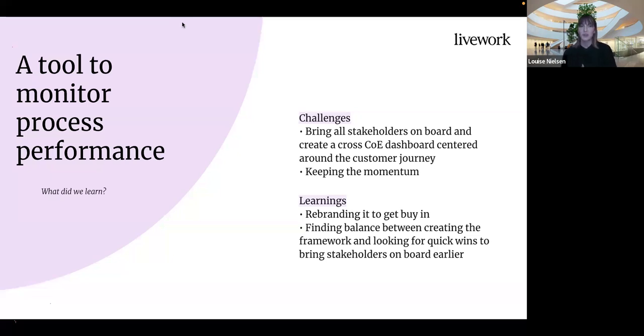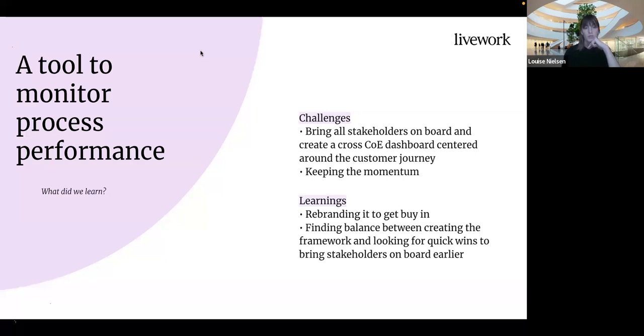It resonated a lot better with the leadership when we talked about how it can support us in achieving the benefits of the projects, and addressed the risk and the value this could drive in terms of benefit realization. That was a learning, and it worked surprisingly well when we took that approach.